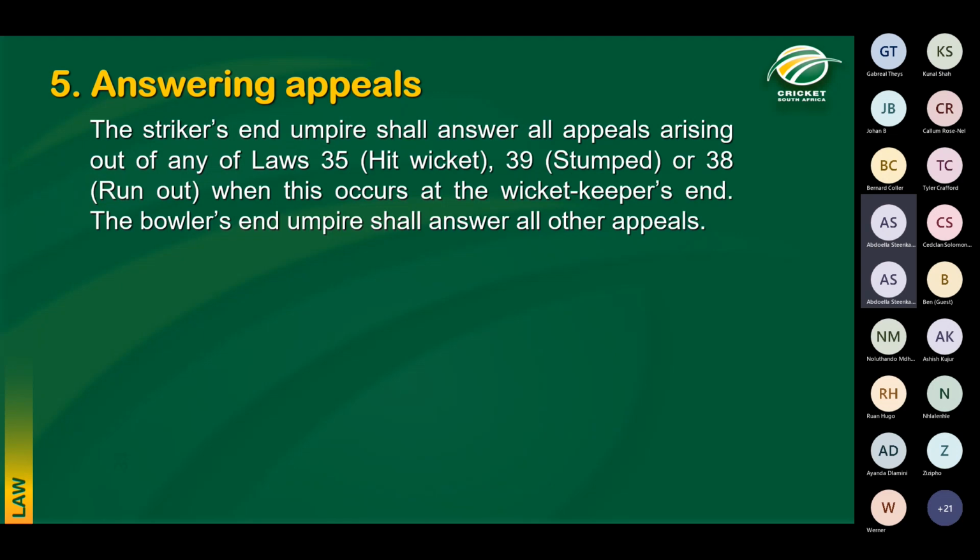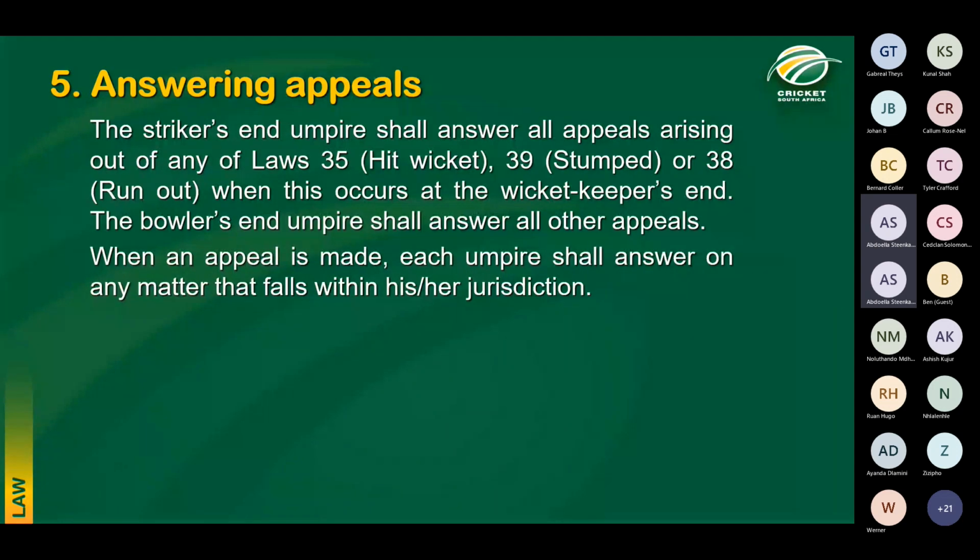So if there's an appeal for hit wicket, the striker's end umpire needs to answer. Stumped, as well as run out if it happens at the striker's end. So these three instances, the striker's end umpire needs to make the call: hit wicket, stumped, or run out if it happens at the striker's end. All other appeals need to be answered by the bowler's end umpire.